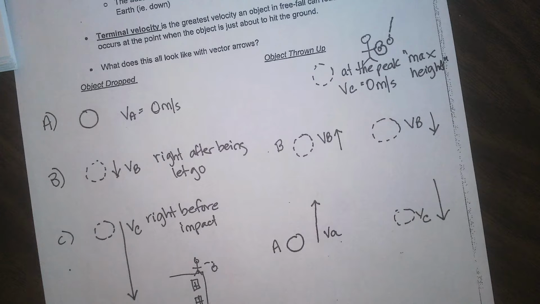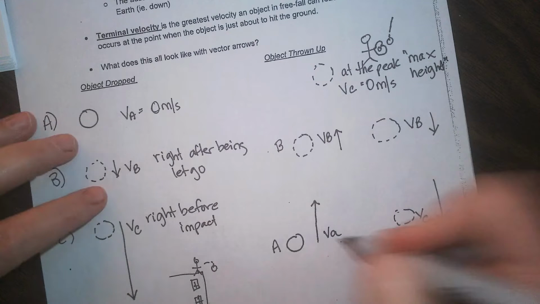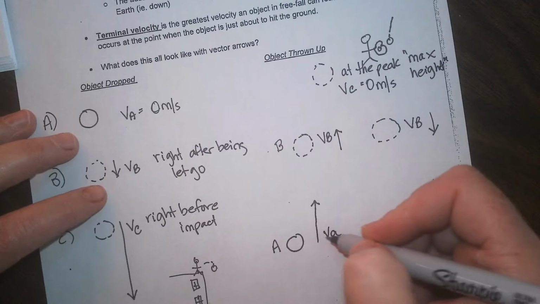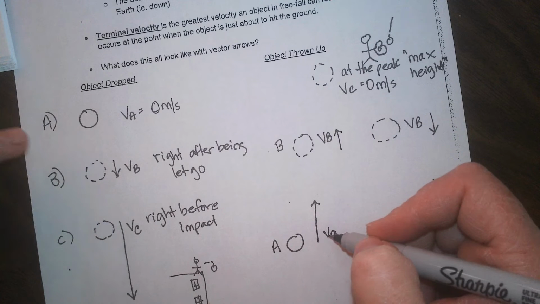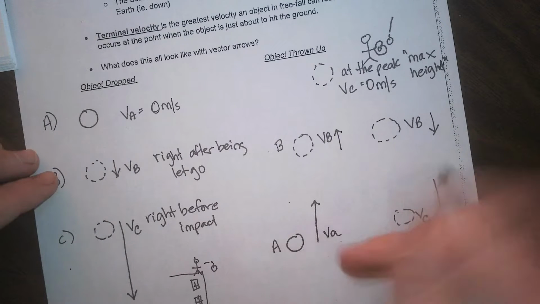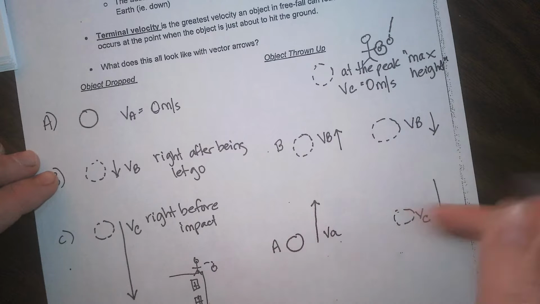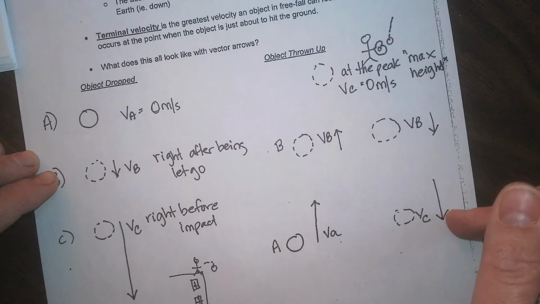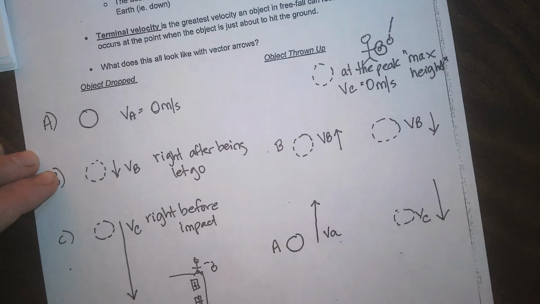Gravity works in which direction? Towards the center of Earth for us. So what would we say about our velocity? Velocity is directional. What would we say about our velocity here versus our velocity here? A is positive.